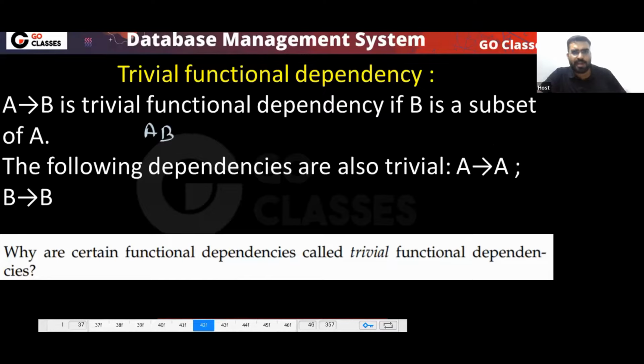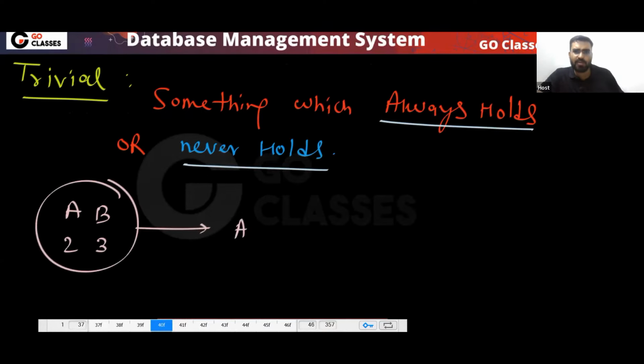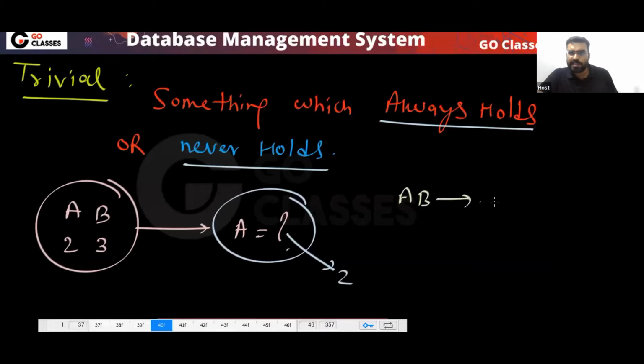The value of A will be 2, right? So you can notice that AB determines A. This is trivial.